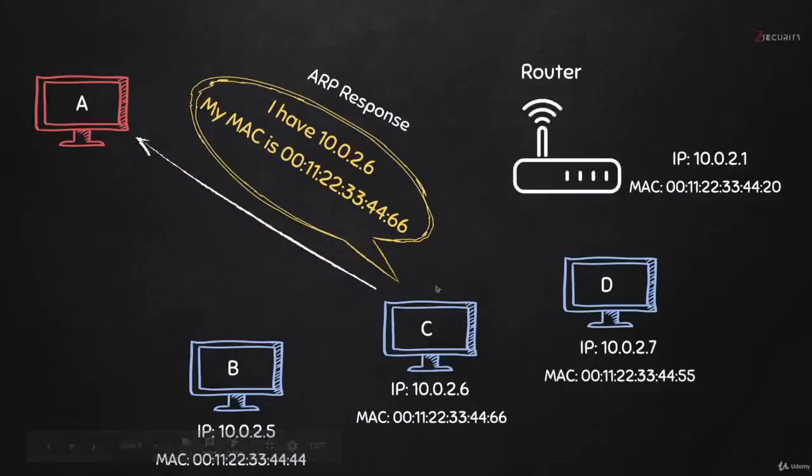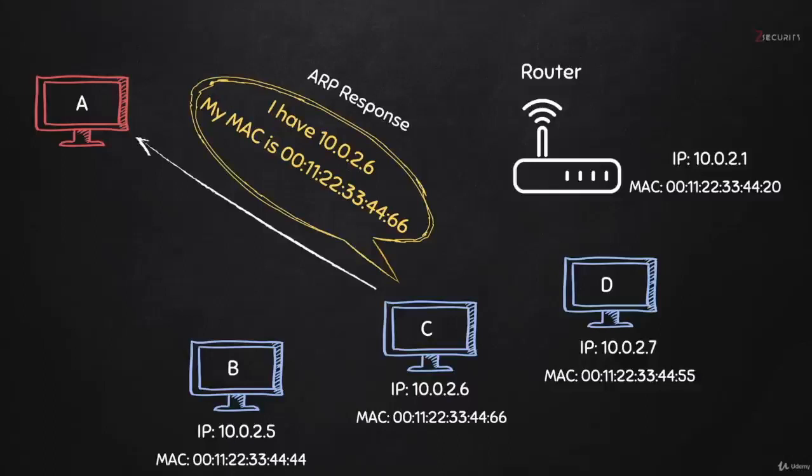In this response, device C is going to say, I have 10.0.0.26, my MAC address is this MAC address. This way, device A will have the MAC address of device C, and now it will be able to communicate with device C and do whatever task that it wanted to do initially. So all of this communication is facilitated using the ARP protocol.